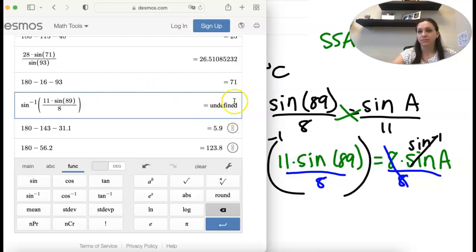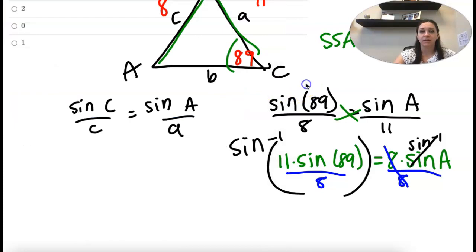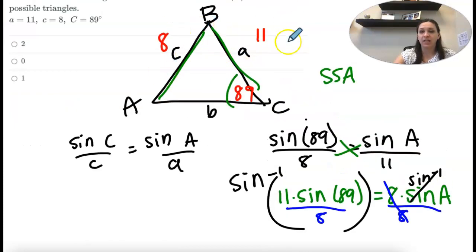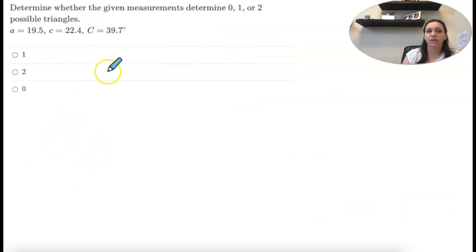Look. This triangle cannot exist as it is. Because of these side lengths, there's never going to be an angle that works with this 89. So when it's undefined, it's 0. If we were to get an acute number, it would be 2, like we did on our last one.